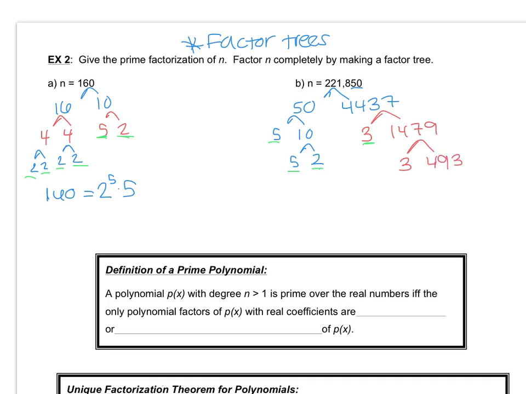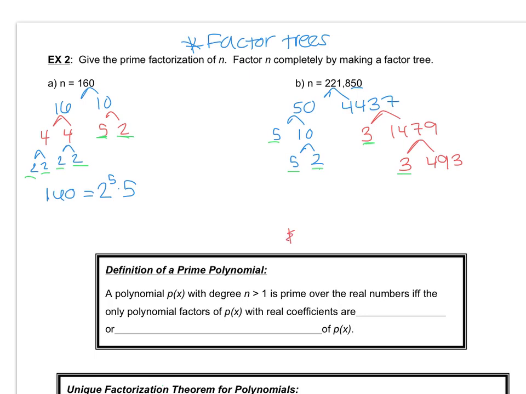Now, obviously 3 is done here, but I need to continue breaking down 493 if possible. I don't know if that's divisible by anything else. I can add up these digits: 4 plus 9 plus 3 is 16. 16 is not divisible by 3, so 493 is not divisible by 3, but I'm still not convinced that 493 is a prime number. So I'm going to use the factor search theorem, which means testing all of the prime numbers between 1 and the square root of 493, which is about 22.